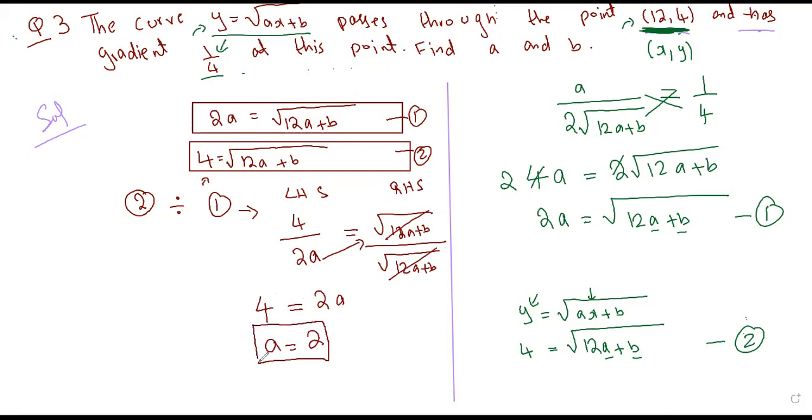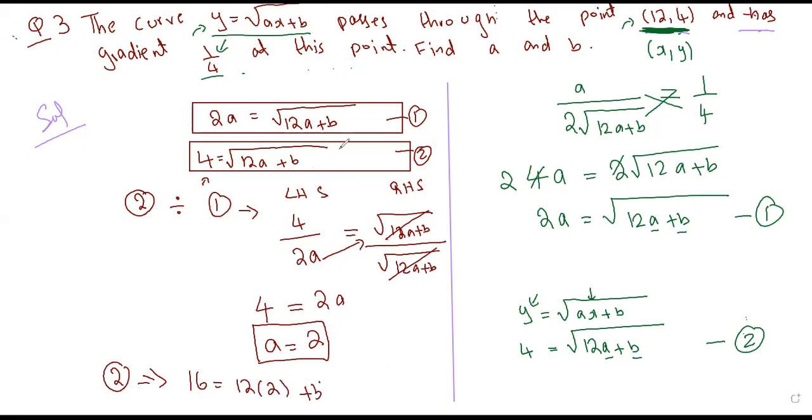Now I have one value. If I have one value, I can plug in this value, let's say in the second equation. So equation number 2 would give me the value of b. So it is 4 equals under the root 12a plus b. I can take square on both sides. So that would become 16 equals 12 into 2 plus b.